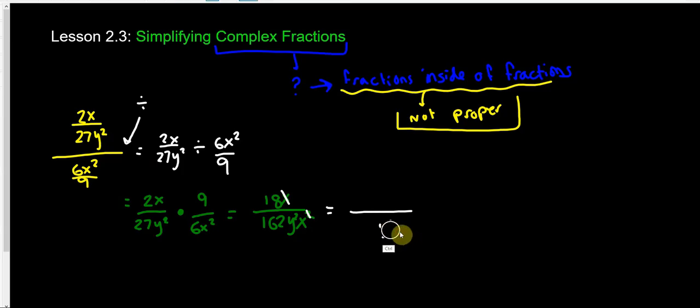Technically, alphabetical order is more proper, although you don't have to write it that way. x y squared, we'll write it that way. Now what about this 18 over 162 business? We need to see if we can simplify this down. Does this reduce any? Well, I know they're both even, so it surely reduces there.